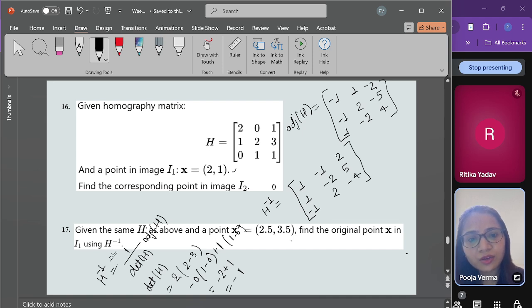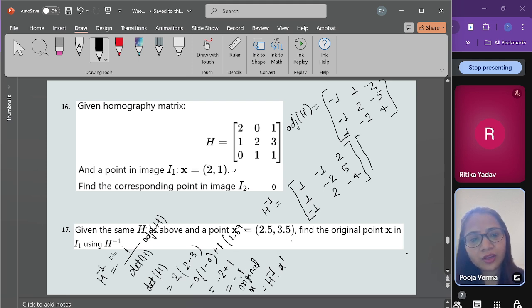So here you will get H inverse. Now, similarly, to find the original point X, we just need H inverse into that X prime.